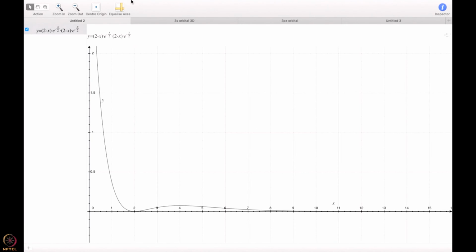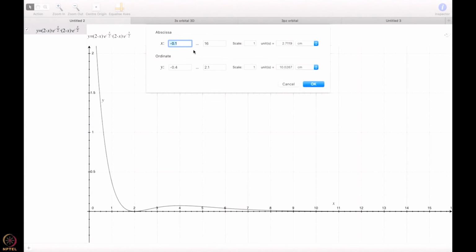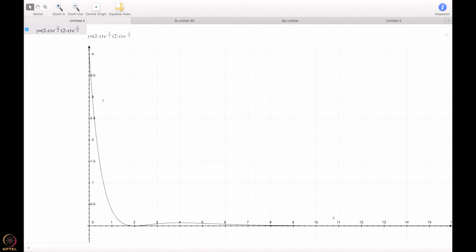Where is the maximum? Where is the minimum? I have to change the frame limit once again. Earlier it was 2.1, so now it should be 4.2 or something. See, this is psi square for the 2s orbital. Near the nucleus, the wave function and therefore the square of the wave function is huge.